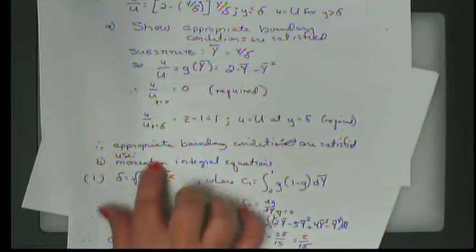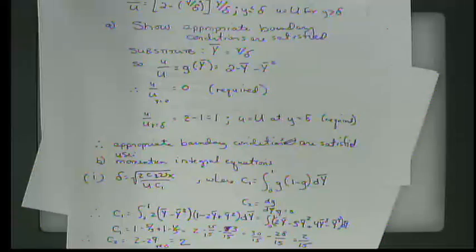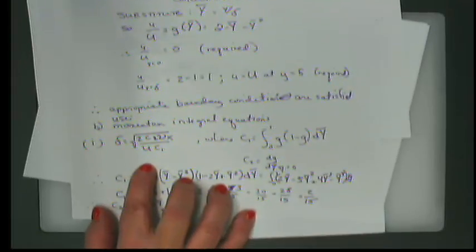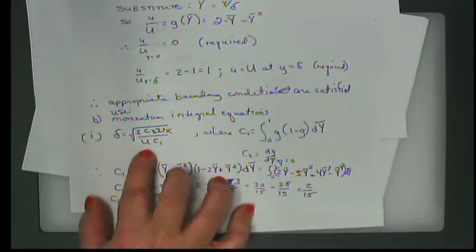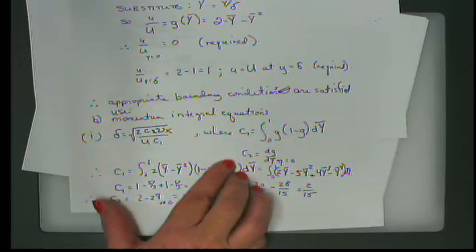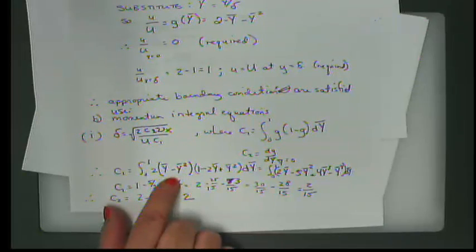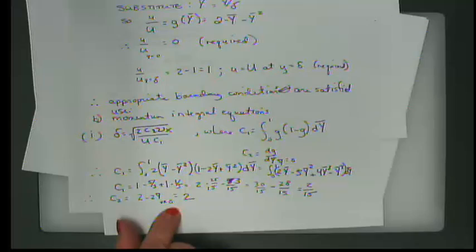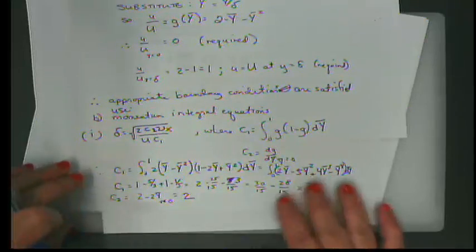All right, so for part B, it asks us to use the momentum integral equation to determine the boundary layer thickness del as some function of x. It tells us to start with the momentum integral equations from that section that I pointed out in the book, and then we have functional relationships for the constants C1 and C2. Using that same substitution, we can solve for C1 and C2, and we come up with a value of C1 of 2/15 and a value of C2 of 2.